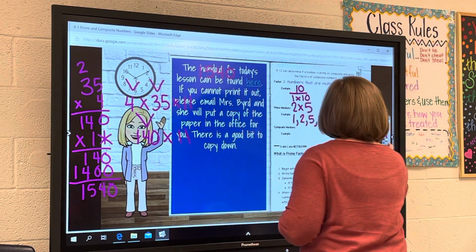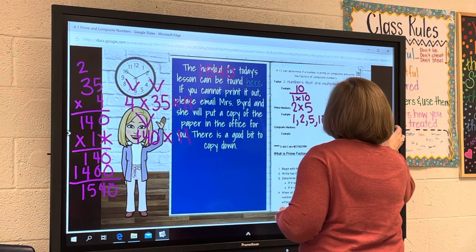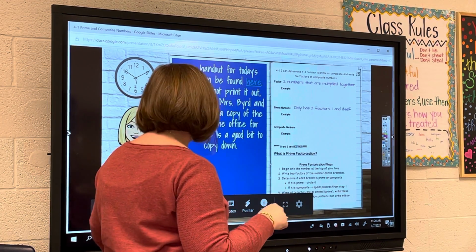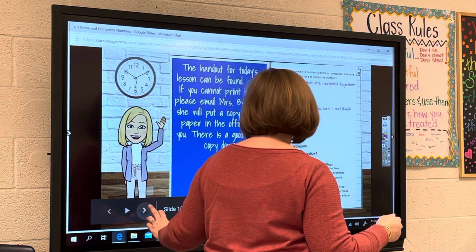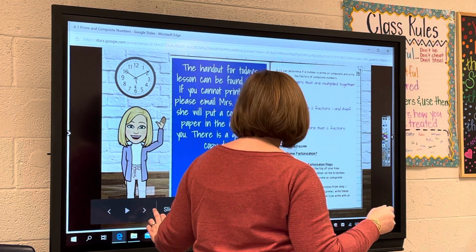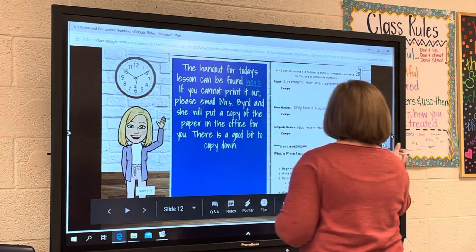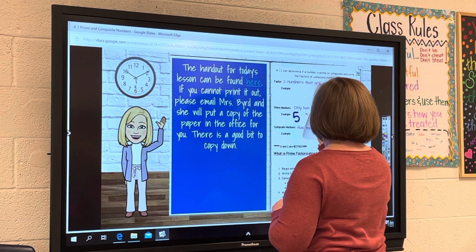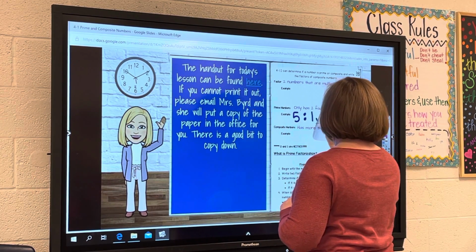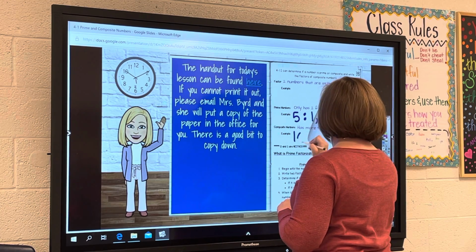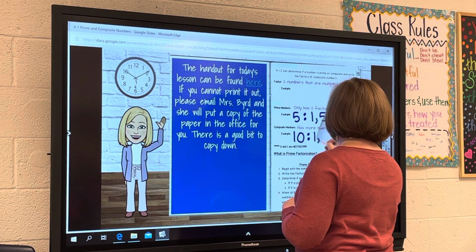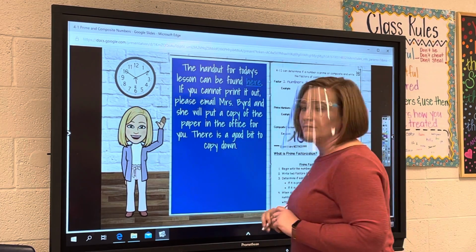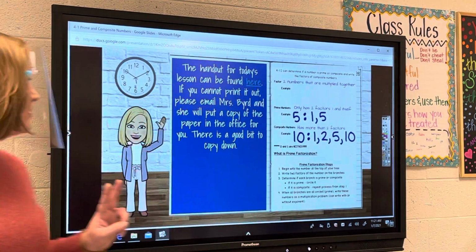And prime just means that you can only multiply 1 times the number to get that number. I'm going to put both of those definitions up here, and I am going to write our examples, so that you can see both of those right there.